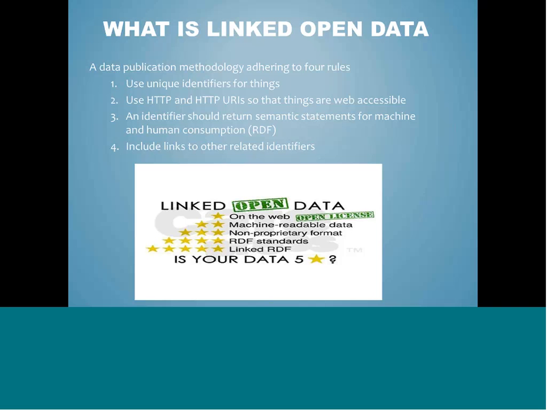And what this format provides is that the information you get back is both consumable by humans and machines. So machines can take advantage of the semantics and do some inferencing and reasoning with it as well. And then ideally, as the name suggests, you provide links from your data to other linked open data sets so that users can find other related information.